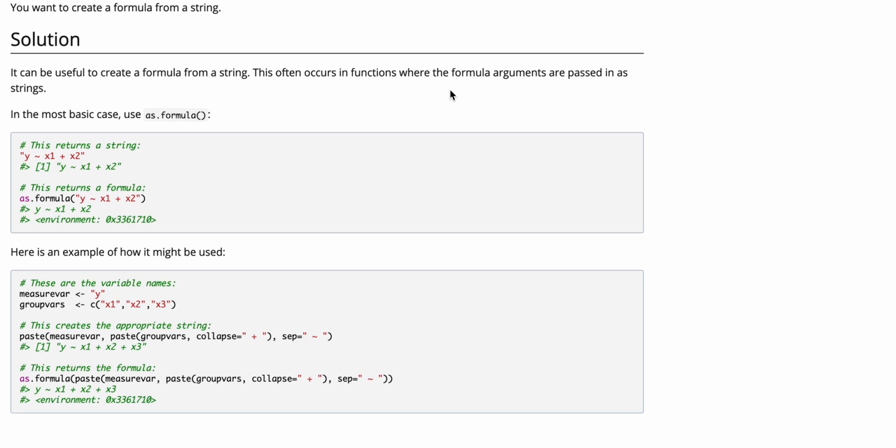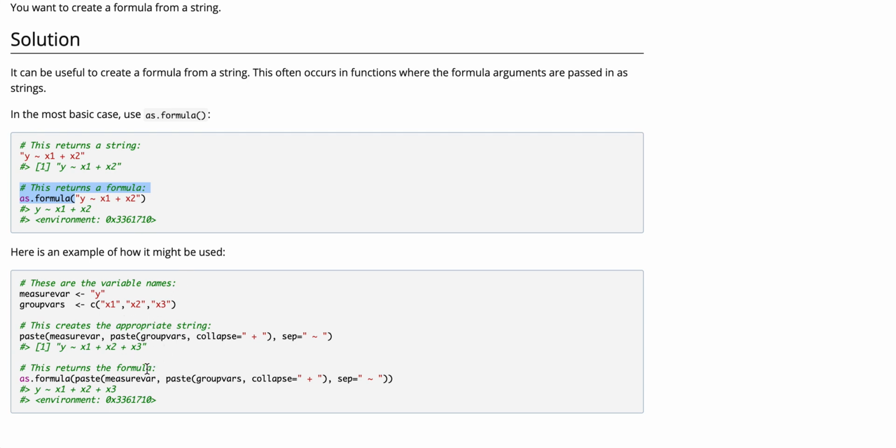So something that we've been doing here a lot is to create a formula from a string, and this occurs in functions where the formula arguments are passed in as strings, which is what we're doing here. So if you just write this, you will get the string, but if you put it into as formula, it'll be a formula that can be given to a linear regression function.